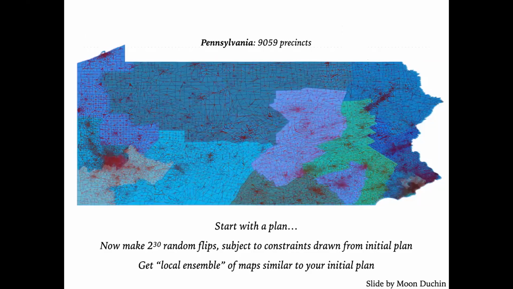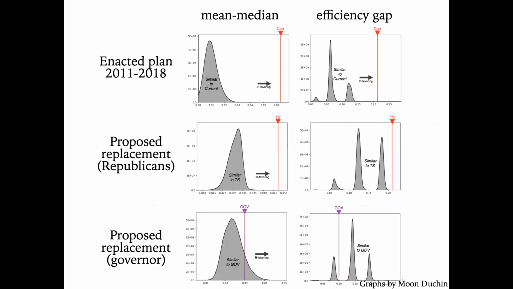So there's Pennsylvania. There are its 9,000 precincts, and that's the 18 districts in the enacted plan. Swarthmore is somewhere down here near Philadelphia. It's kind of hard to see in this picture. Population density is high. So they ran this 2 to the 30th times, which is like 1 billion, and compared the enacted plan to 1 billion other plans.